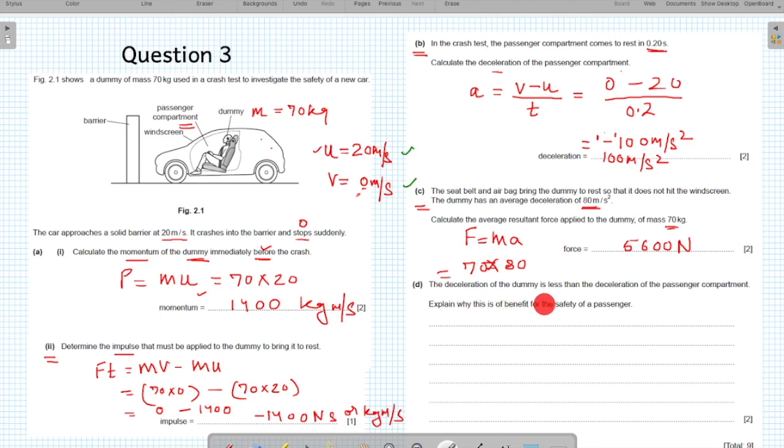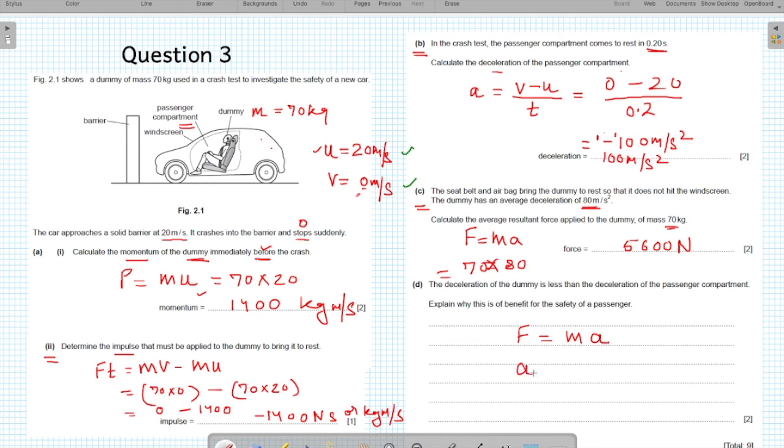Explain why this is the benefit for the safety of the passenger. What is the benefit? The benefit is that there is lesser impact force. Why? Force is equal to ma.